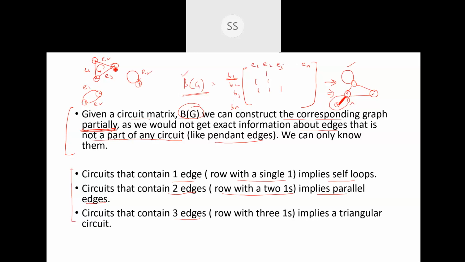What structure is it forming? A triangular circuit. That means if your row has three ones, that circuit is a triangular circuit. If your circuit has two ones, you have parallel edges. And if your circuit consists of a single one, you have a single loop.